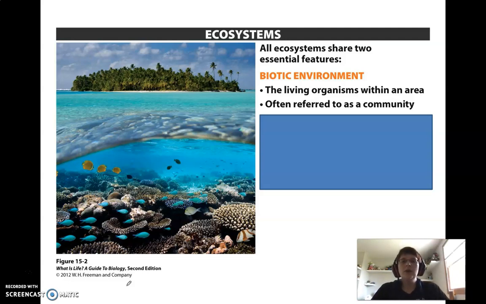So if you look over in our picture here for the coral reef, you've got all different types of organisms. So we've got multiple different species of fish. They're all through here. You've got multiple different species of coral. Almost all of these are different species of coral that are in here.